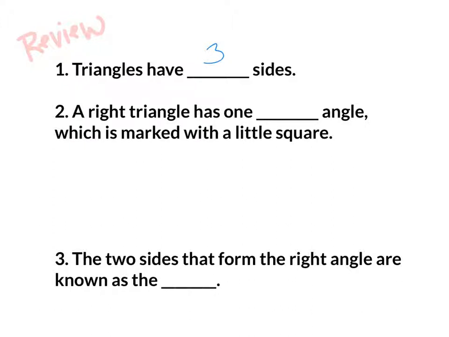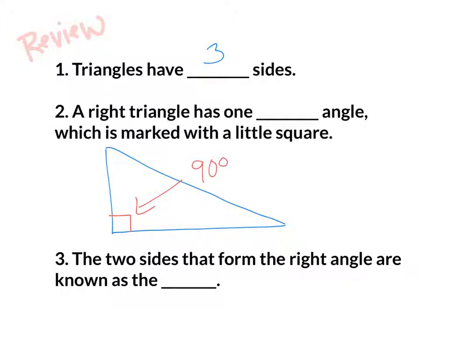Number 2, a right triangle has one blank angle, which is marked by a little square. So if we think, once again, we have a right triangle, and we know that it is marked by this little square in the corner. We call that a 90-degree angle, which is also known as a right angle.